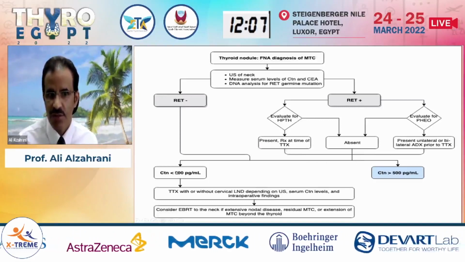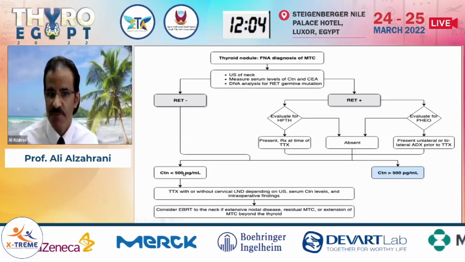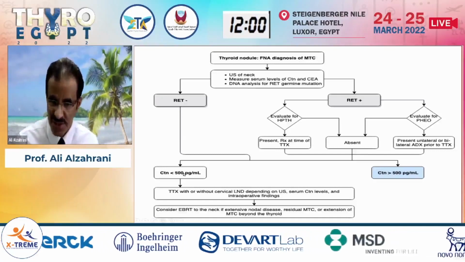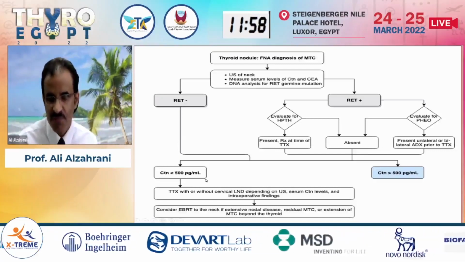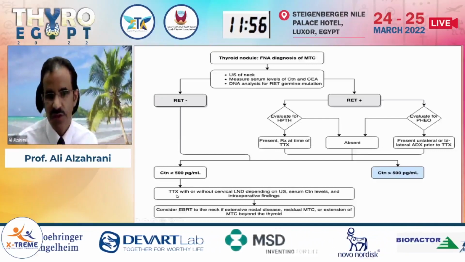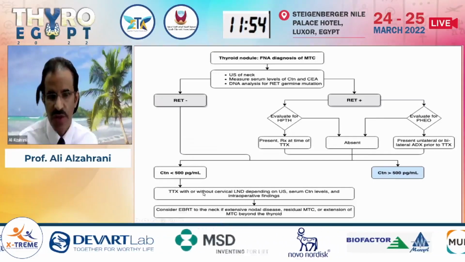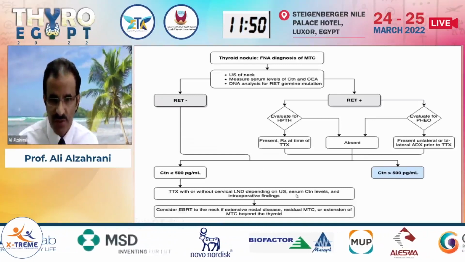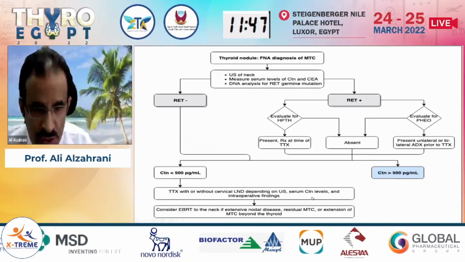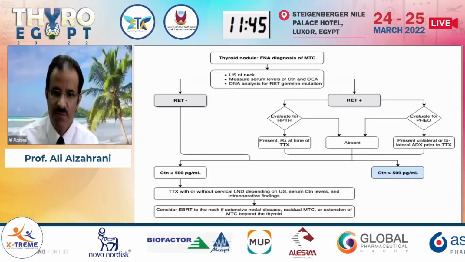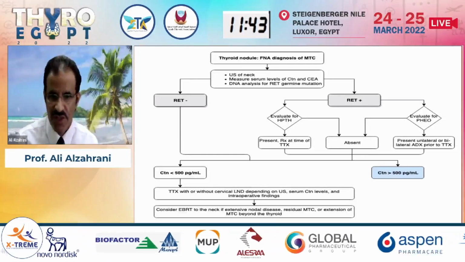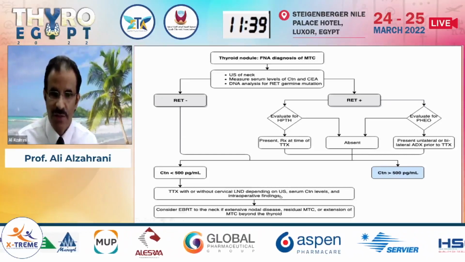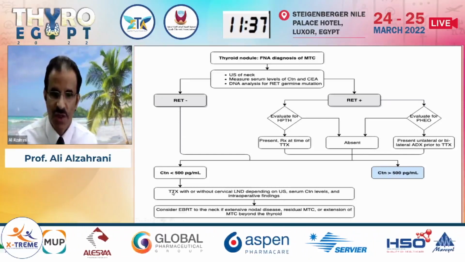If the calcitonin is less than 500, it is very unlikely that this patient has distant metastasis. And in this case, we can proceed with total thyroidectomy with or without cervical lymph node dissection, and that would depend on the ultrasound findings. So if the patient has lymph nodes, we would have to do cervical lymph node dissection. If there are no lymph nodes, everything looks okay, then the patient may have total thyroidectomy.